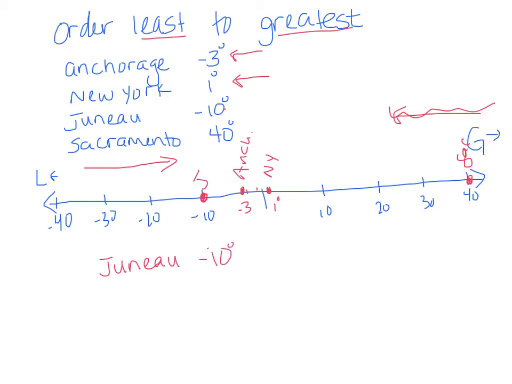That's the coldest one. Then Anchorage at negative 3 degrees. Then New York at 1 degree, and then Sacramento at 40 degrees. And now they're ordered least to greatest. So if you lay them out and plot them out on a number line, the number line does the work of ordering numbers for you.